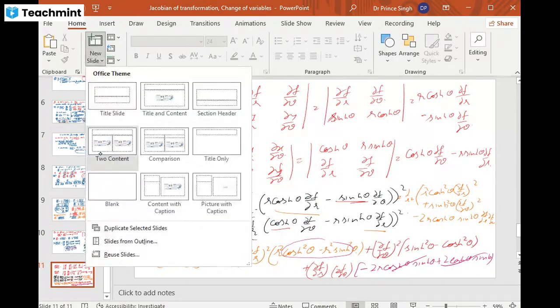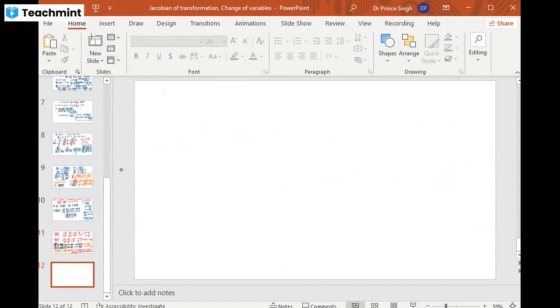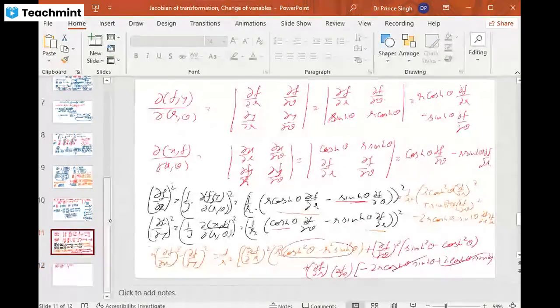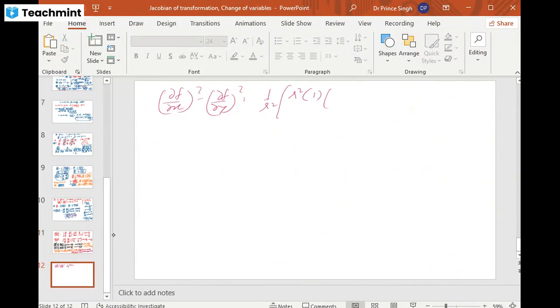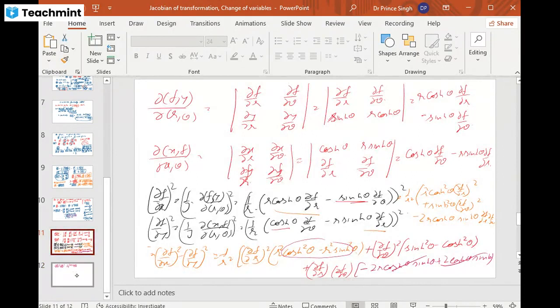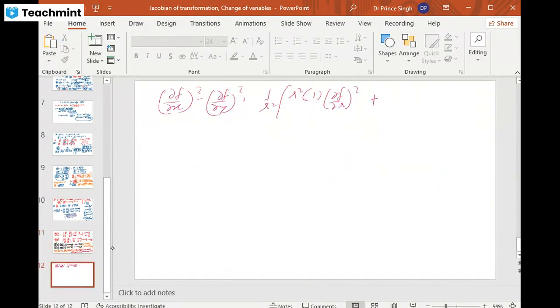So if we calculate this, it gives us (∂f/∂x)² minus (∂f/∂y)², which is 1 upon r² times r² common into 1 into (∂f/∂r)², and here it is plus (∂f/∂θ)² into minus 1.